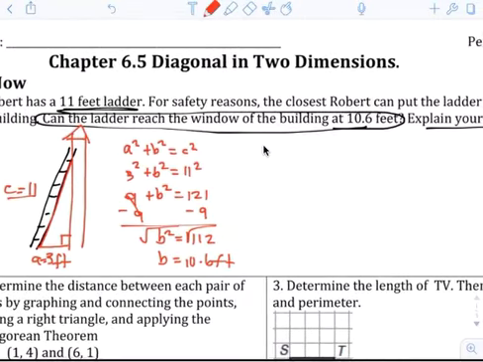Okay. Well, the window is at 10.6, so yes, the ladder can reach the window.